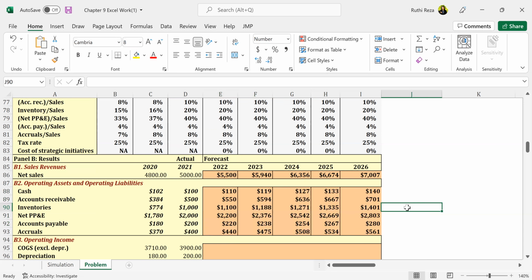Drag it down to just apply the same concept in every single year.